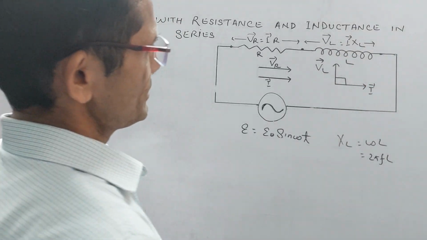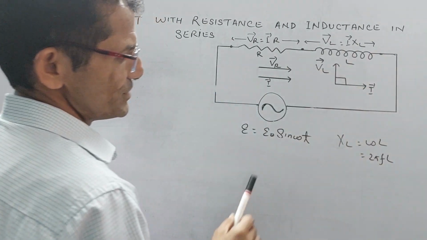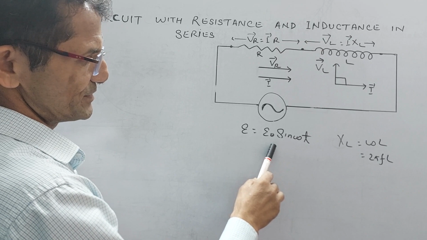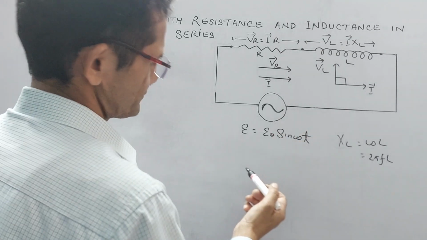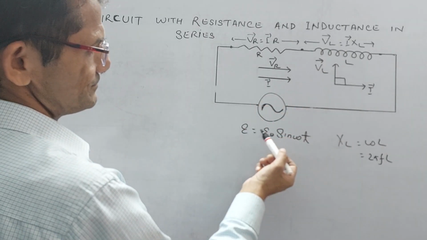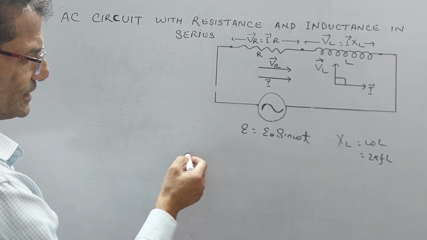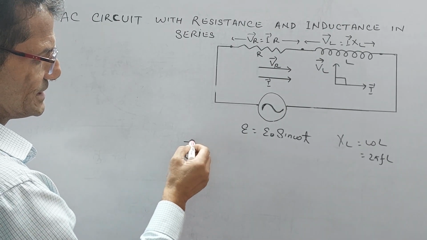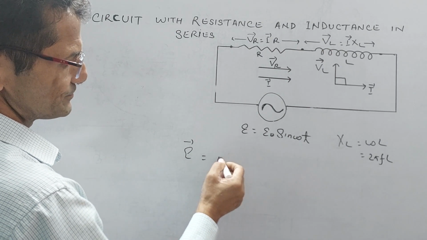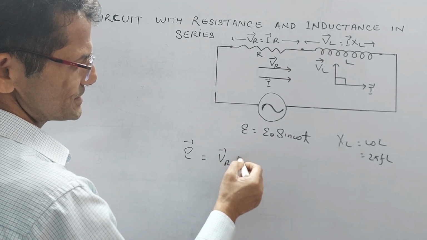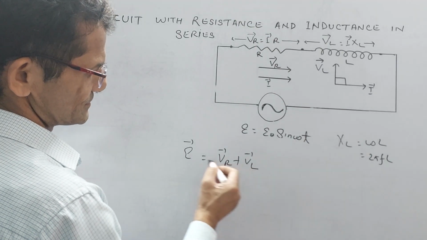Now we have to find out what the current phase will be with respect to the alternating voltage phase. For this we use voltage and current as vectors. Suppose the net EMF applied, E, is equal to the voltage vector across the resistor plus the voltage vector across the inductor.